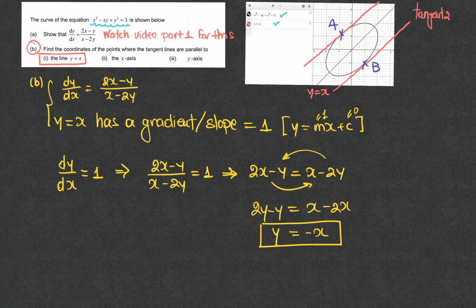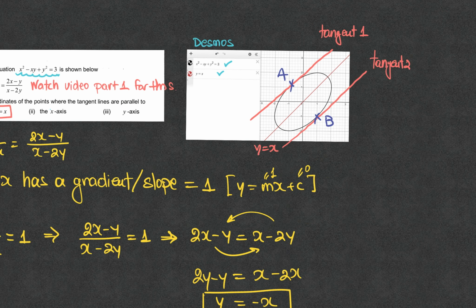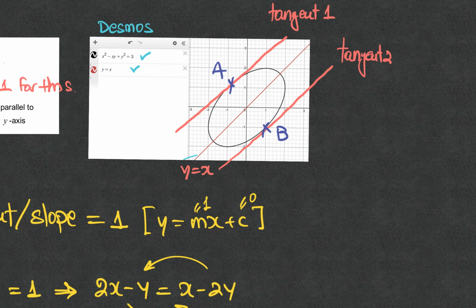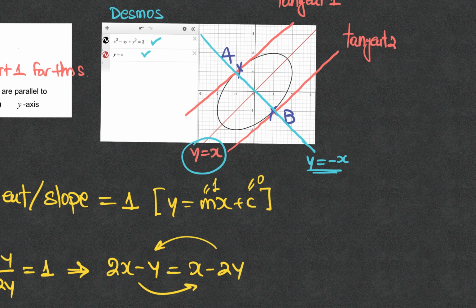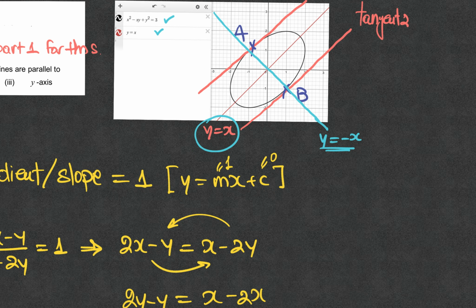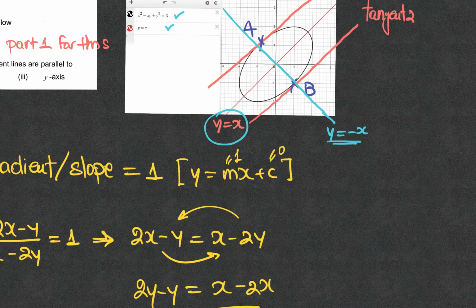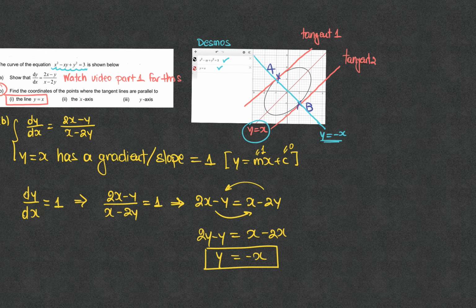Let me just draw it. Let's zoom in. This is y equals x, and y equals minus x is the diagonal between the second and the third quadrant. We want to find the points A and B that are now on top of y equals minus x.